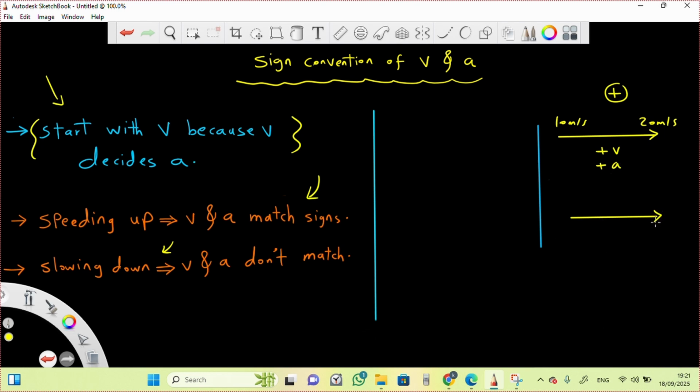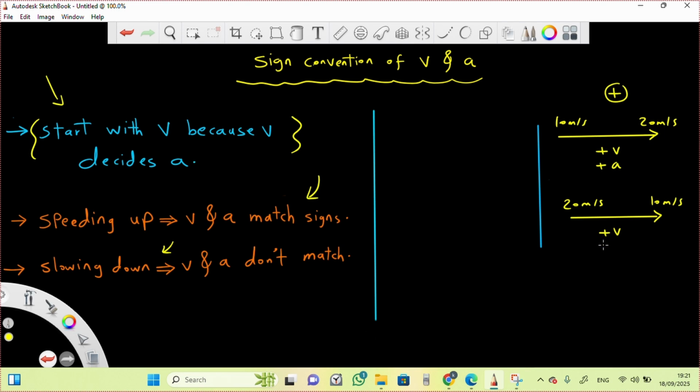Let's slow down to the right, for example, from 20 meters per second to 10 meters per second. Now we are still moving to the right. Therefore, velocity is going to be positive even though we are slowing down, because eventually we are moving to the right.